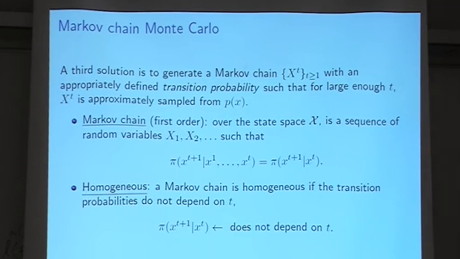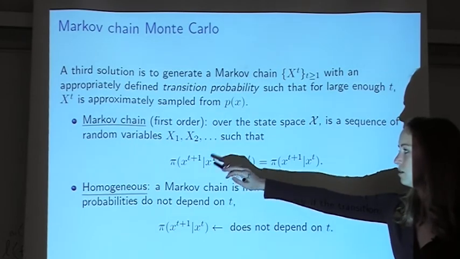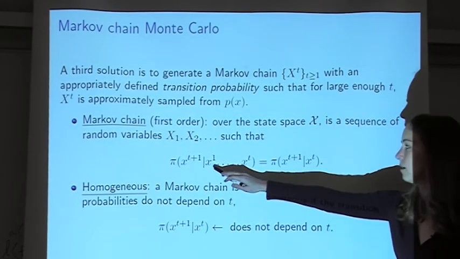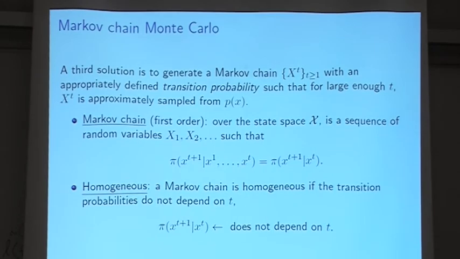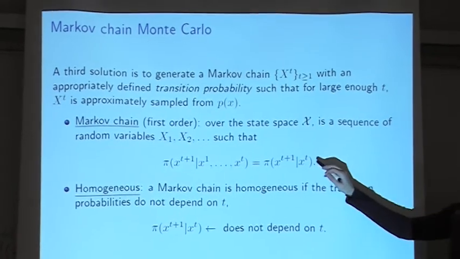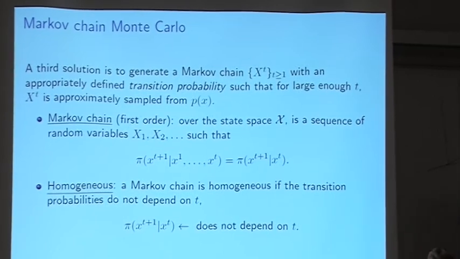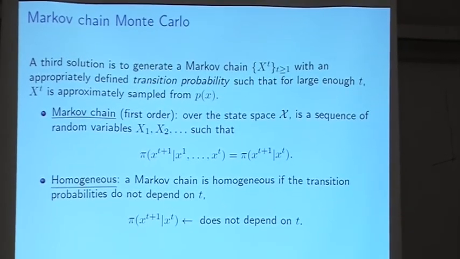Okay, so let's see what some of these quantities which I just said are. Just to review some properties of Markov chains. A Markov chain, first order Markov chain, over some state space x is a sequence of random variables such that the transition probability of going to state xt plus 1, given our past sequence of observed random variables, only depends on our previous state, xt.